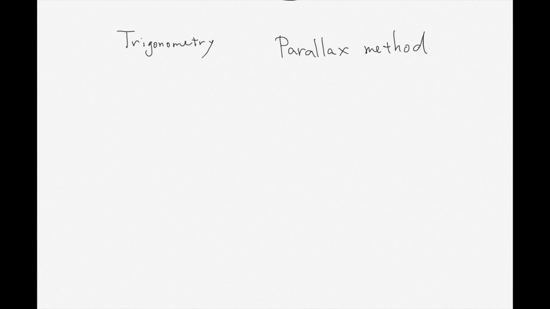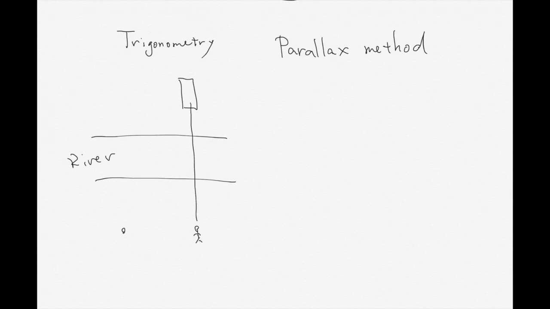So in this case, if you want to measure the distance to the buildings beyond the river, you stand here, you want to measure the distance to the building. But a river exists between the building and you. And how can you find out the distance to the building?